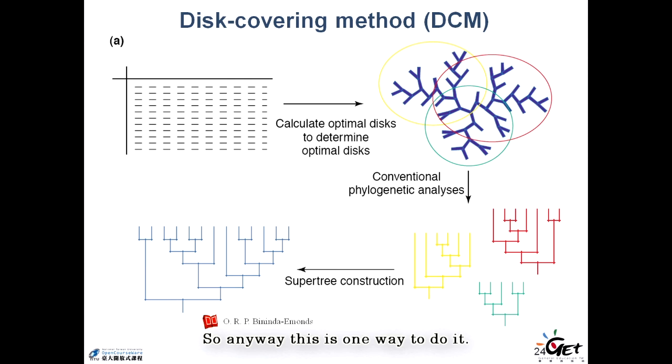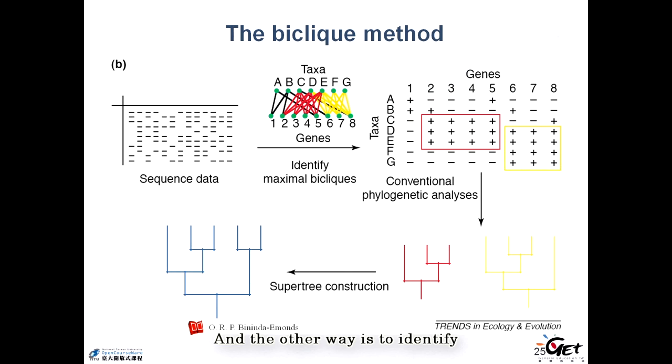So this is one way to do it, and the other way is to identify a certain group of taxa from the data matrix itself, create a small subset of the data matrix, and do a conventional phylogenetic analysis. The basic thinking is the same: to divide the problem into smaller compartments.